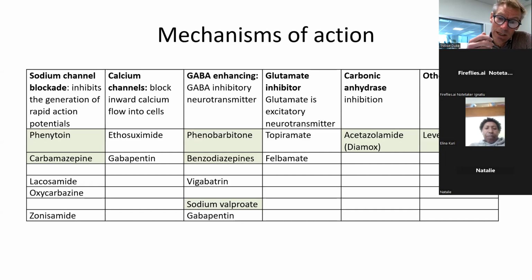That's the reason why having some idea of the mechanism of action of the drugs can be useful in choosing a second line agent if a child has resistant seizures.